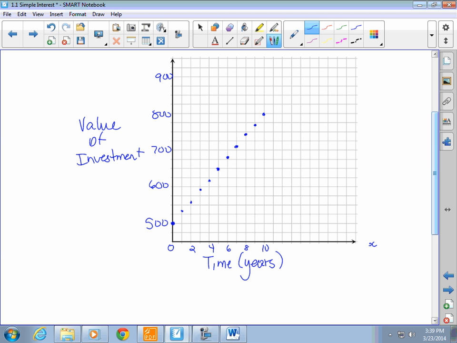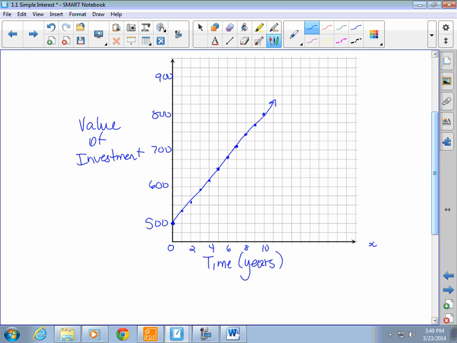So according to what I calculated there, at year 10 I should be at $300 interest, so a total of $800. If I could draw a straight line, we'd see that this does make a perfectly straight line that would continue on. So what we've really drawn here is a straight line which has a slope and a y-intercept point that we could calculate.